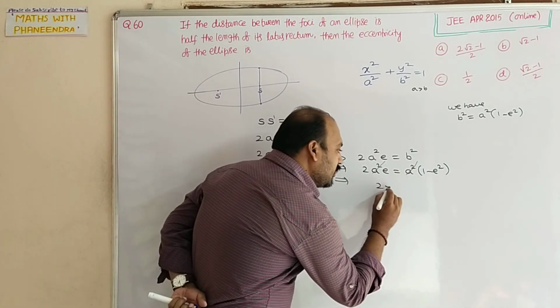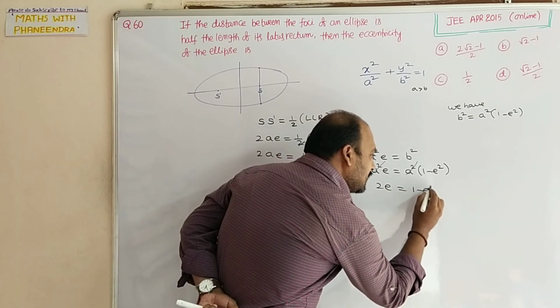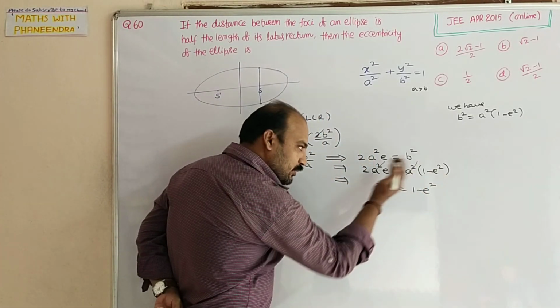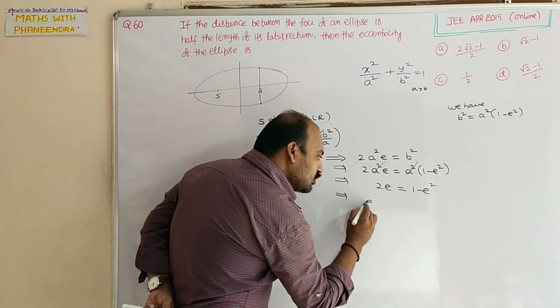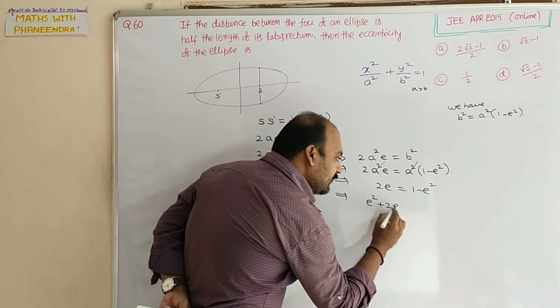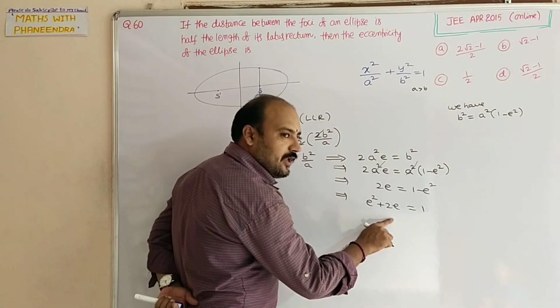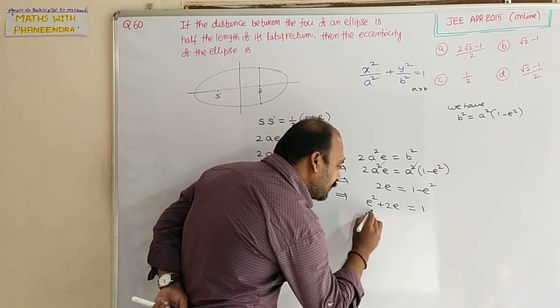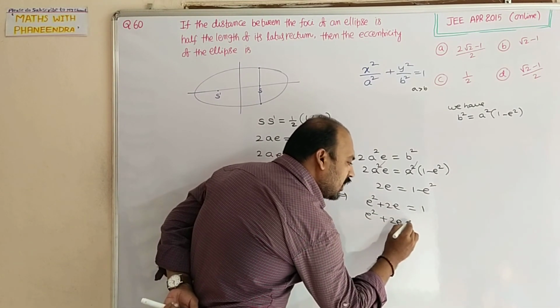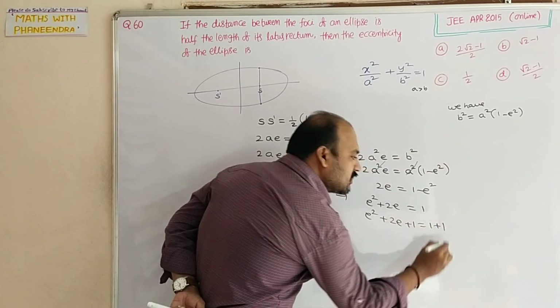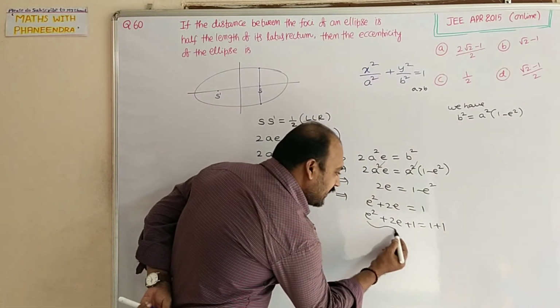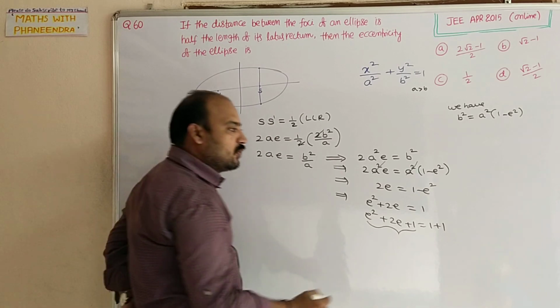On both sides, a square gets cancelled. Now 2e is equal to 1 minus e square. Taking minus e square to this side, e square plus 2e is equal to 1. To make the perfect square, we add 1 on both sides. So this is the expansion of e plus 1 whole square.